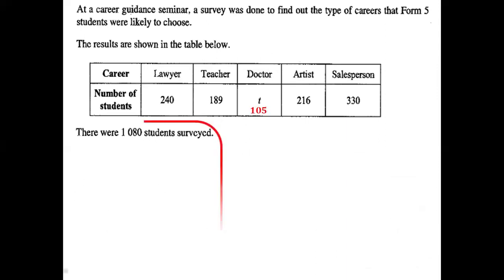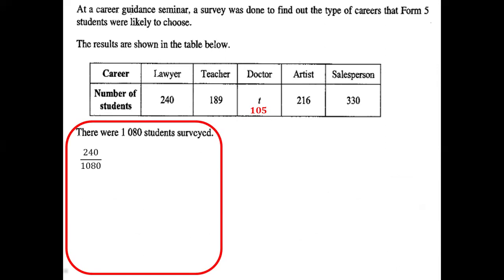Good. So let's go. Pie chart is nothing new to us. It is one of the most popular representations that we can remember off the top of our heads, right? It's a very unique representation. The number of students who want to become lawyers is 240 as a fraction of the total.